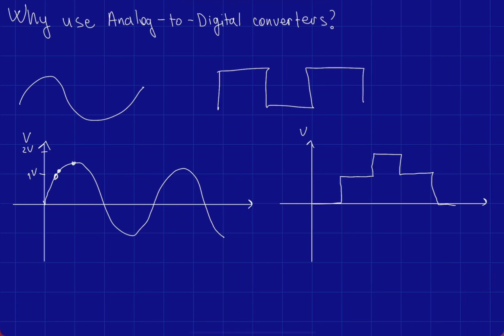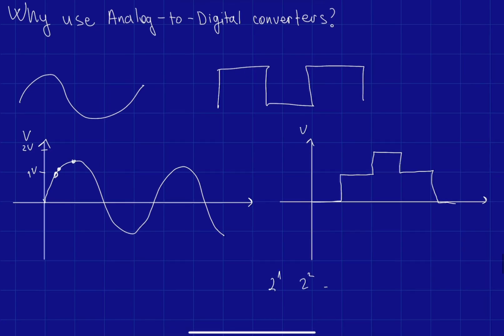For example, it can have 2 possible values, or 4 or 8 possible values. So digital signals always have 2 to the power of 1, or 2 to the power of 2, or 2 to the power of n values. But they can't have, for example, 3 possible values, and the reason for that is very interesting.